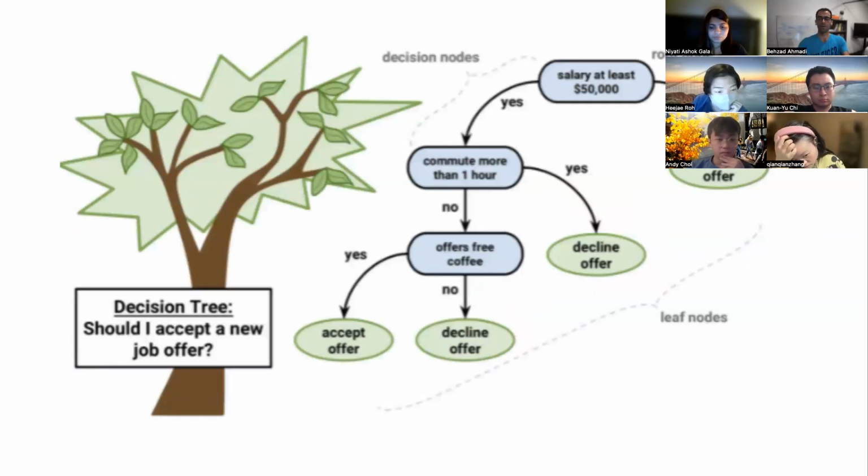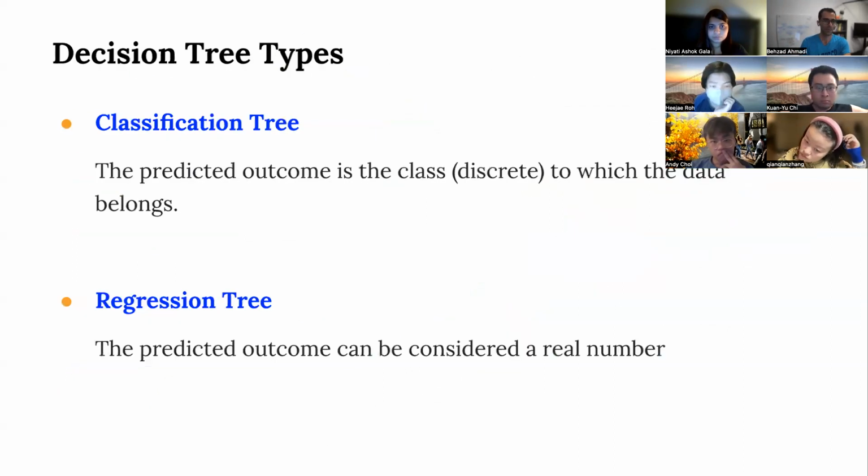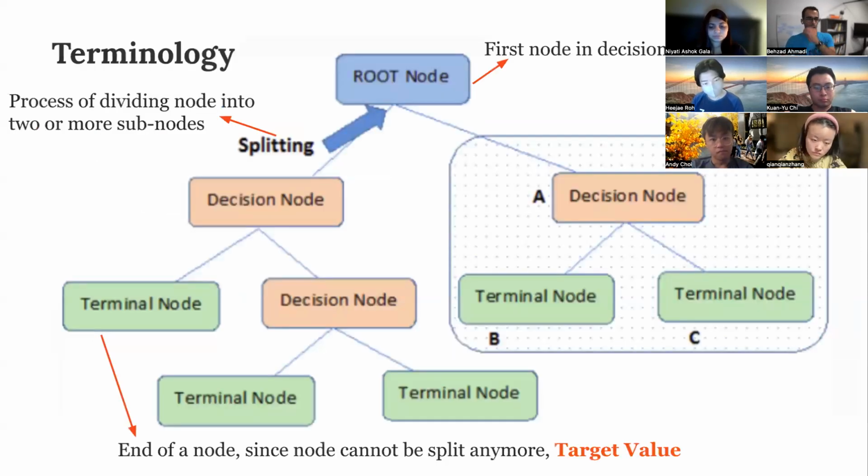Again, another version of looking at this: salary, commute more than 1 hour, or offers free coffee or not. Like every other machine learning algorithm, you have a classification problem. You can have classification problems where the output is a discrete variable, or regression problems where the output is a real number. Some terminology that we use here: we call the first node the root node.